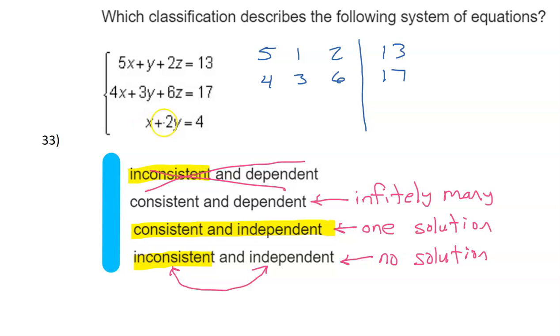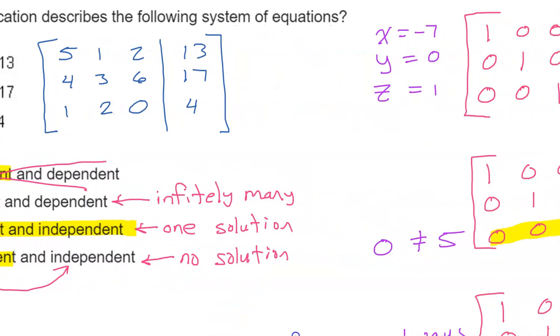So this x gives me a 1 right here, in the first column, not the second. 2y, so that 2 goes here. The 0 goes here to represent the fact that we have no z's. And then we have the 4 here. So this is what they call the augmented matrix. So we're going to type that into our calculator right now.